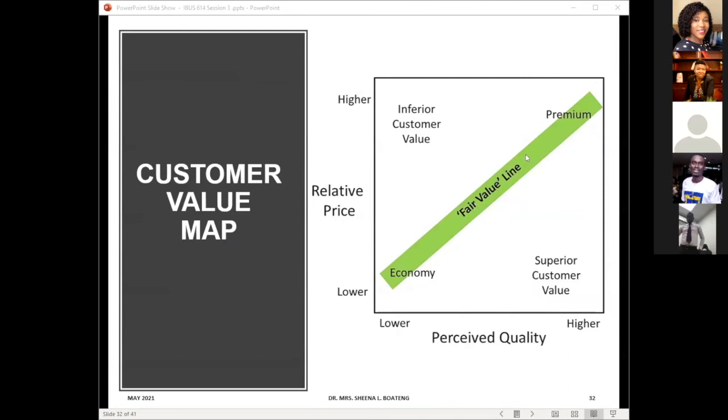It's comparable to Samsung in several aspects. So as a firm, you need to ask yourself, in terms of the different brands I'm offering in the different markets, where do I want each brand and the product offered under each brand to be positioned in terms of the fair value line? Because this is the only place you can position your products or services for it to make sense to sell to different customer segments in different markets, particularly if you are trying to position yourself based on quality and price, right?